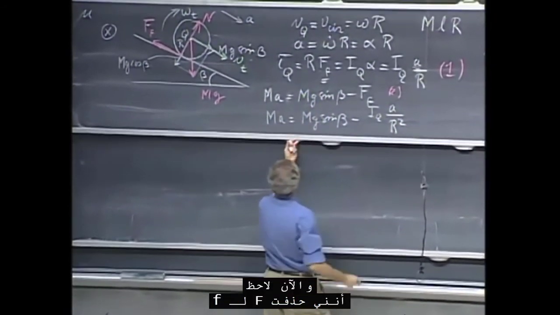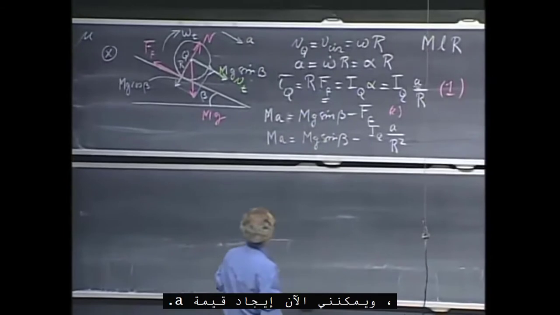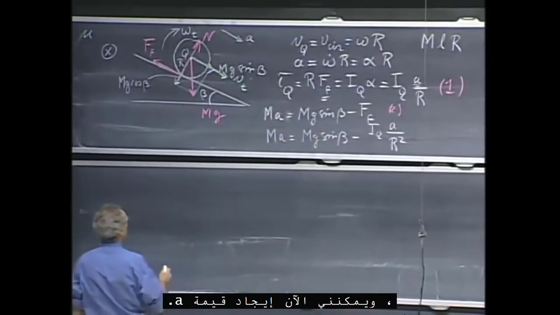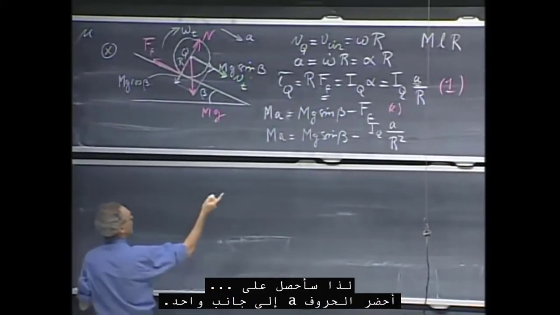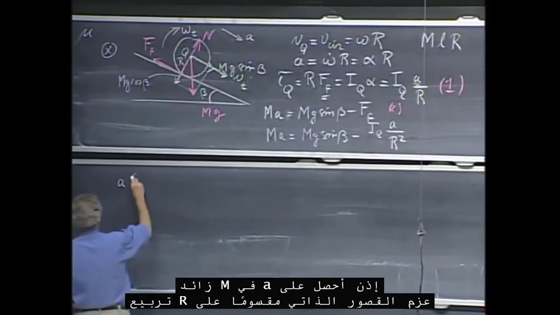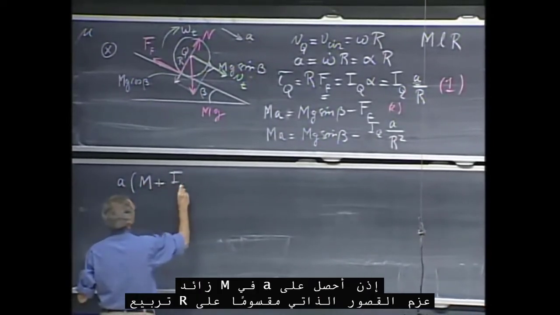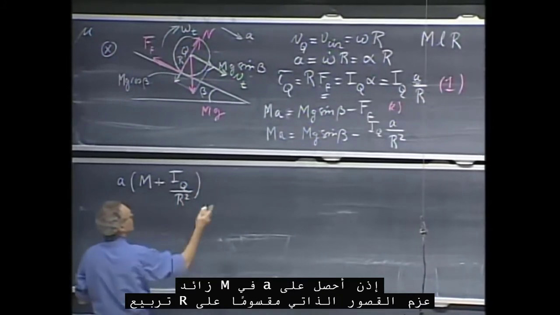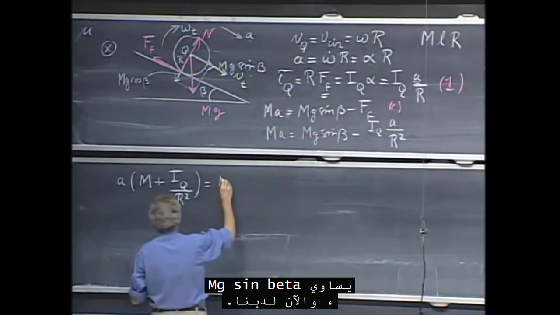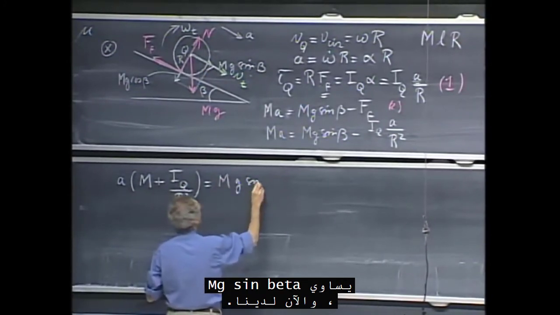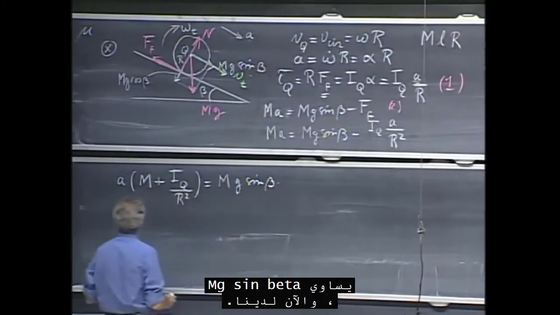And now notice that I've eliminated ff, and so now I can solve for A. I bring the A's to one side, so I get A times m plus moment of inertia divided by R squared equals mg sine beta.